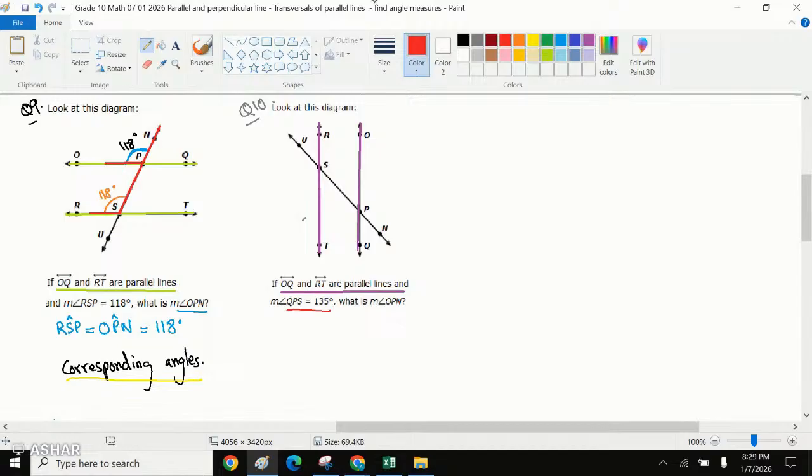Where is Q? Q, P, and S. This angle given is 135. Yeah, it looks like an obtuse angle, right? So this angle given is 135. What do we need to find? We need to find OPN, right? So we need to find OPN.